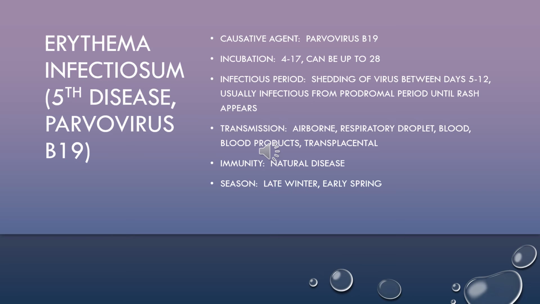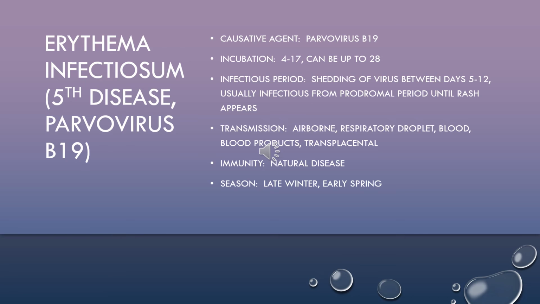Along with erythema infectiosum, or fifth disease, or parvovirus B19. Very obvious causative agent is the parvovirus B19. Incubation period for this one is 4 to 17 days, but can be up to 28 days or 4 weeks. Infectious period, shedding of the virus between days 5 and 12, usually infectious from the prodromal period until the rash first appears.